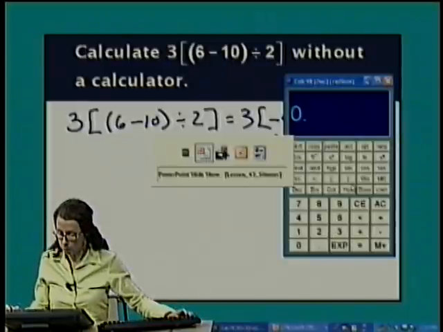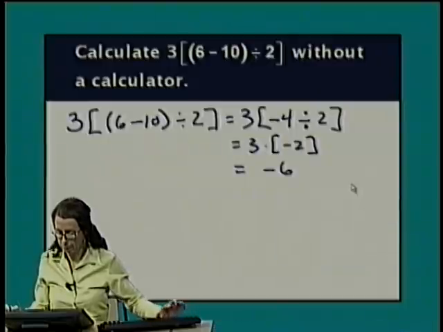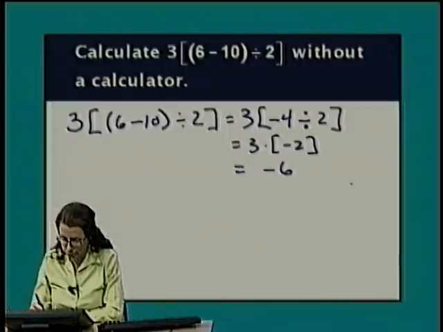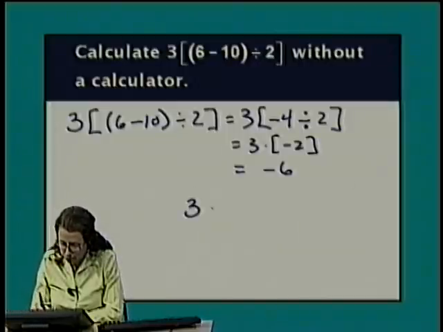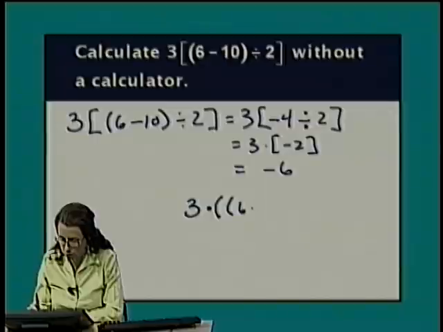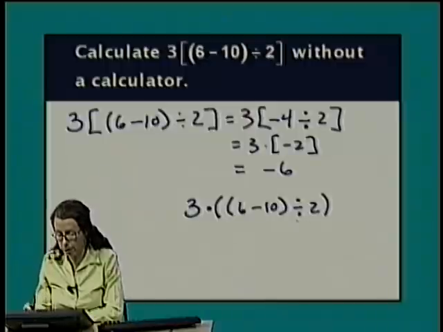I'm going to close my calculator for a moment, and I want to show you how I'm going to enter this on the scientific calculator. I'm going to do 3 times, and I can just use parentheses. So I'm going to need 2 sets of parentheses. 6 minus 10 divided by 2, close parentheses. This is what I will enter in my calculator.